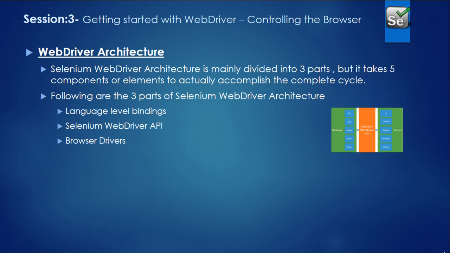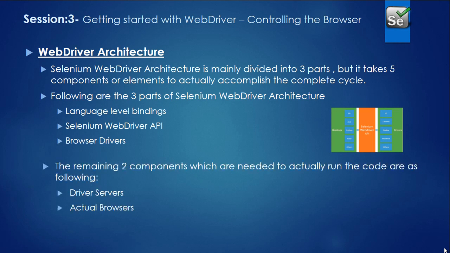So the Chrome driver knows how to handle the low-level details of Chrome browser and drive it to do things like clicking a button, going to pages, getting data from the browser itself, and similar is the case with Firefox, Internet Explorer, and so on. So these drivers are internet browser specific, such as IE driver, Firefox driver, Chrome driver, and other drivers corresponding to the browsers. The remaining two components for completing the whole cycle are the driver servers or the driver executables.